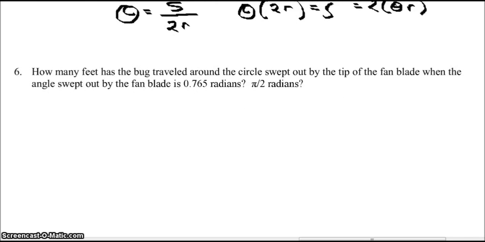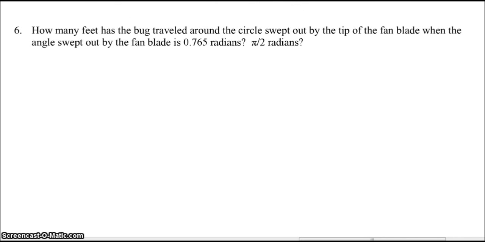Number 6. How many feet has the bug traveled around the circle swept out by the tip of the fan blade when the angle swept out by the fan blade is 0.765 radians? Or pi over 2 radians. So here we're just given theta, and we need to find the arc length.